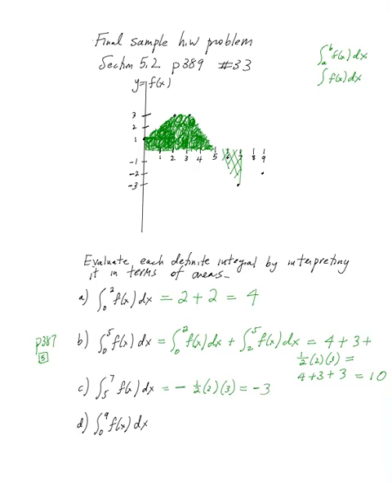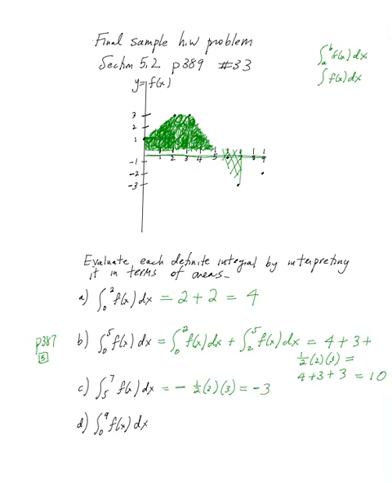That says that there are 3 units of area below the x-axis from 5 to 7. Now, how about the definite integral from 0 to 9? Okay, now notice from 0 to 9, in other words, from here to here, the function sometimes is above the x-axis, then sometimes it's below the x-axis.